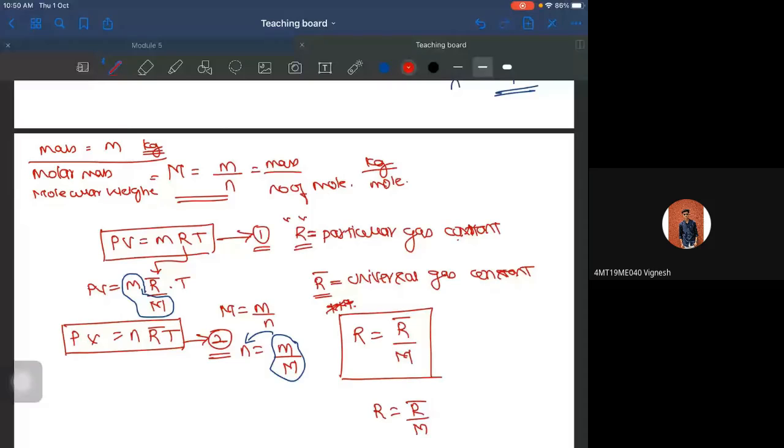Vignesh, give me the two different forms of the ideal gas equation. PV equal to mRT.